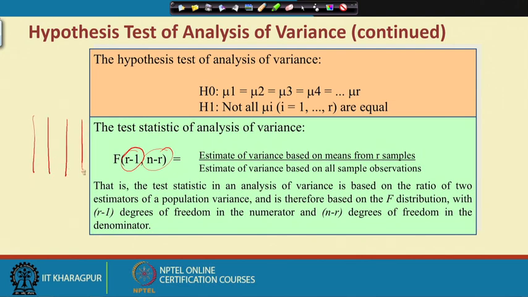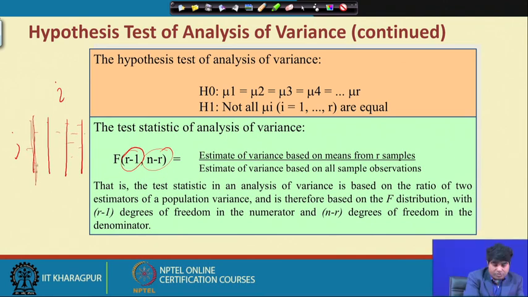The typical ANOVA structure will be like this. So this is the series, and here let us say the i series and the j series. We would like to check whether there is a difference within the group and between the groups. These two should not be statistically significant, and whether they are significant or not depends on the samples or the problem.